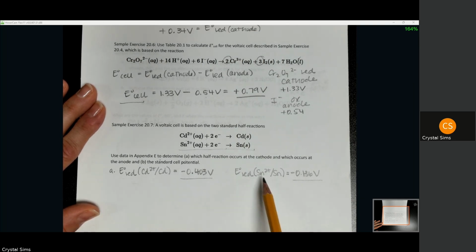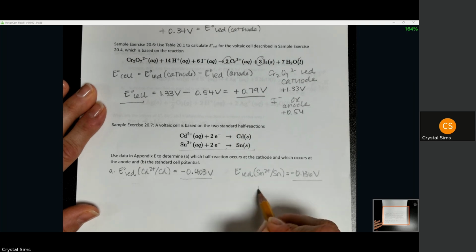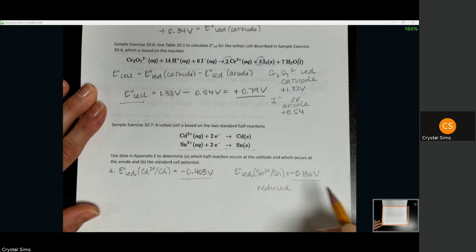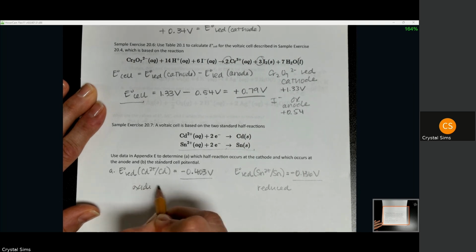So the one for tin is less negative than the one for cadmium, so it is the one that is reduced. Okay, so our tin is going to be reduced, which means our cadmium is going to be oxidized.